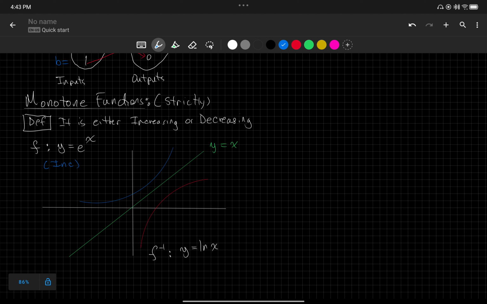So if you look at the blue one, and if you do the reflection, you get the red one, and then you get another one that also happens to be increasing too. So it works out pretty nice. So then this guy right here is an increasing function, and we got the inverse. Okay, so this clearly works.